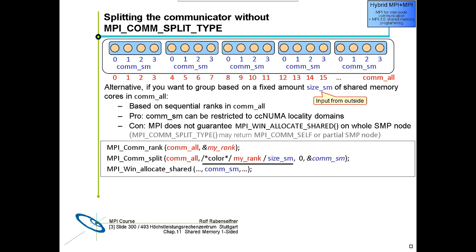This can be useful when we have some particular conditions in the CC-NUMA architecture and we want to control how to define these communicators properly. However, it is also not guaranteed that MPI_Win_allocate_shared would work on the whole SMP node as expected. This is not guaranteed by the standard itself.